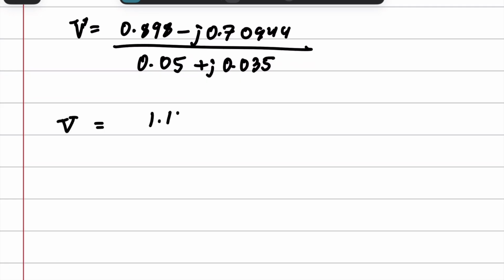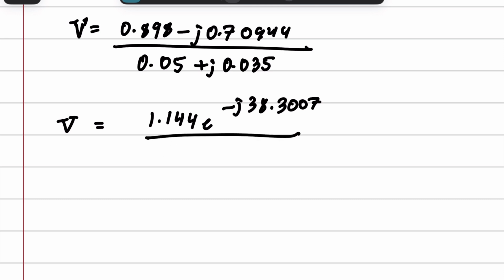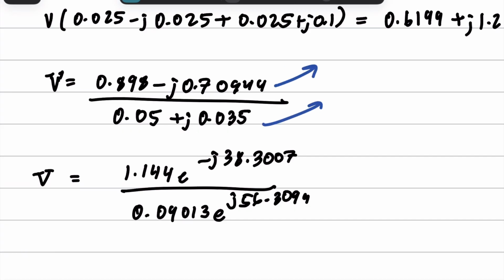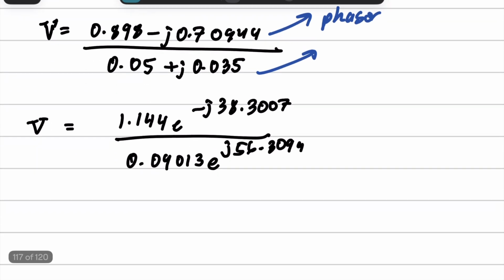And then finally, we're going to have our last conversion to phasor form, and we're going to get 1.144e^(-j38.3007°) over 0.09013e^(j56.3099°), and I got that by just turning these two into phasor form, which we've done before, so I won't write that out to waste time.